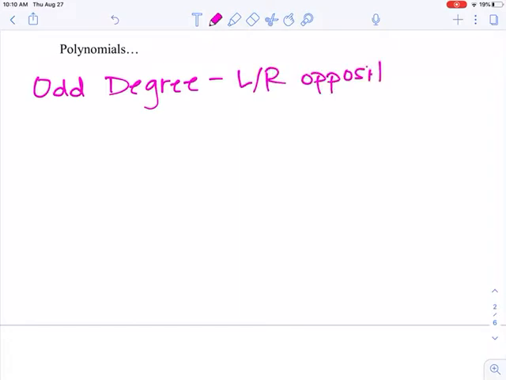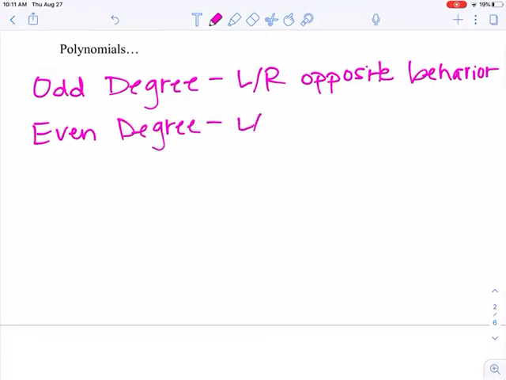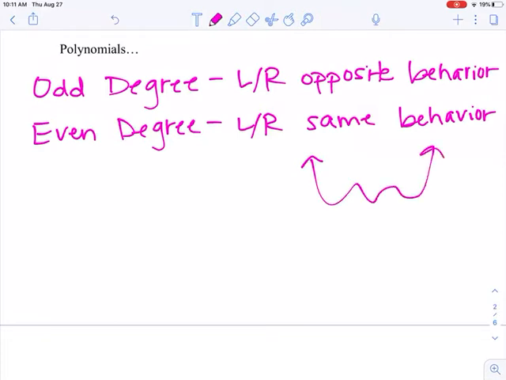First of all, if our polynomial had an odd degree, then we would know that our left and right had opposite behaviors. Like that. If we have an even degree function, then our left and right have the same behavior. Like that.